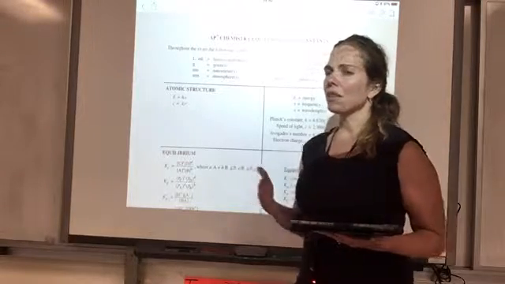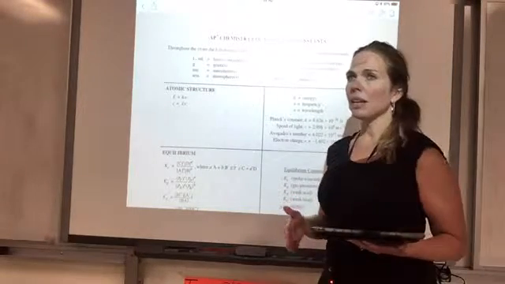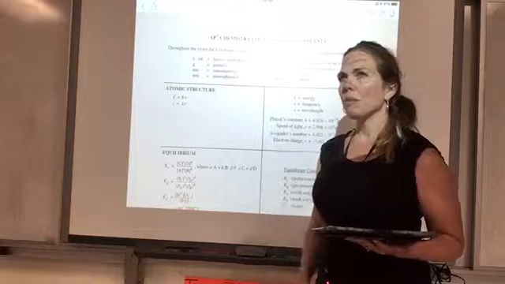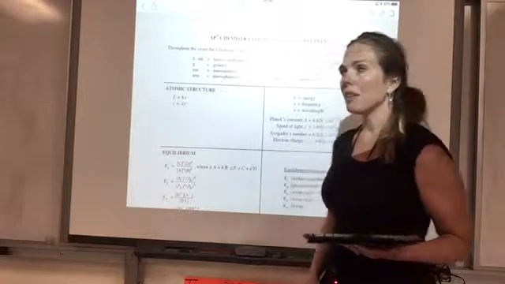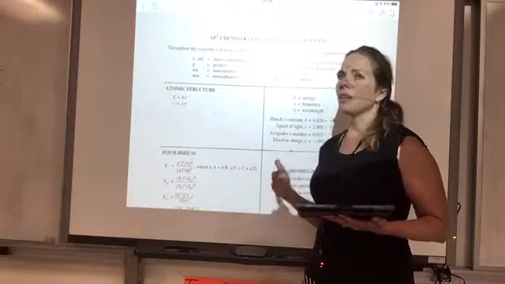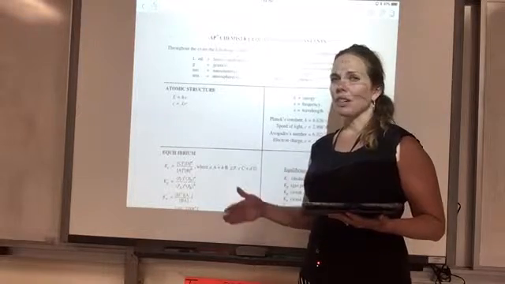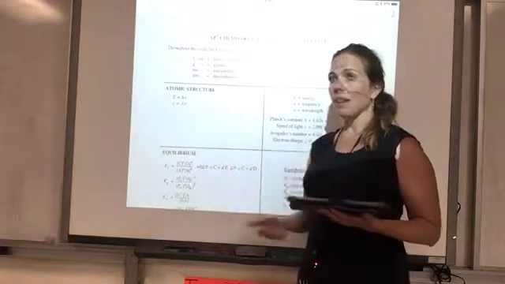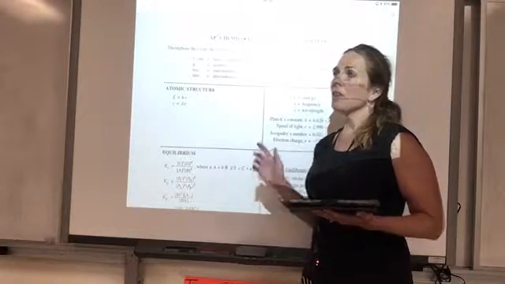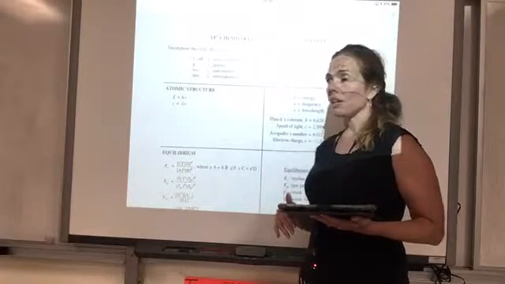And kilojoules is the much more commonly used unit. Just if you did Q equals MC delta T this past year, typically Q is found in joules, and then we have to convert it to kilojoules to use it in other formulas, okay? So you want to learn that conversion as well.